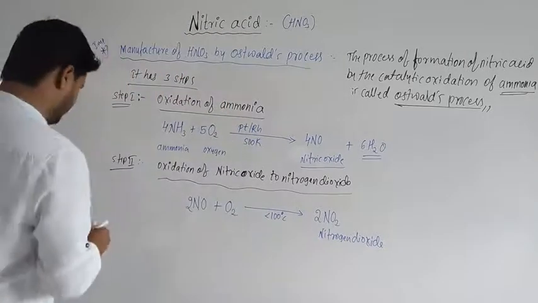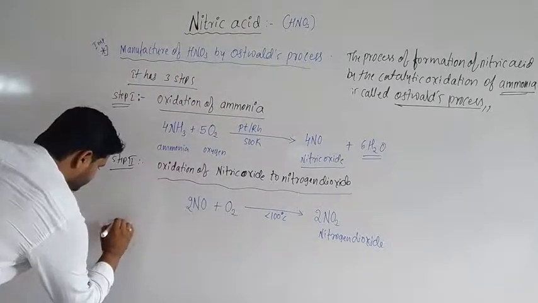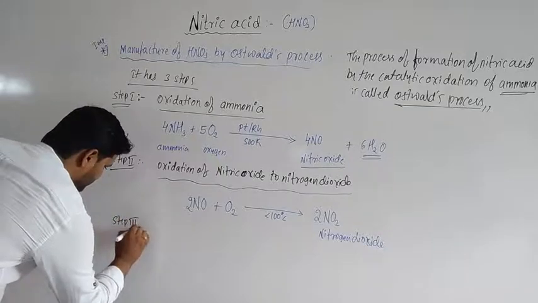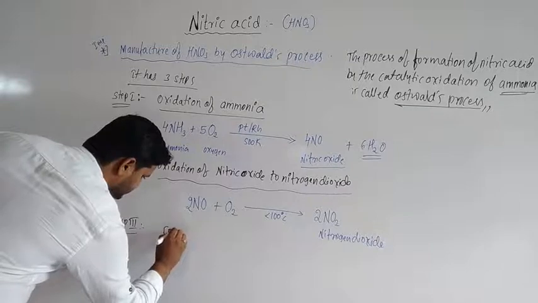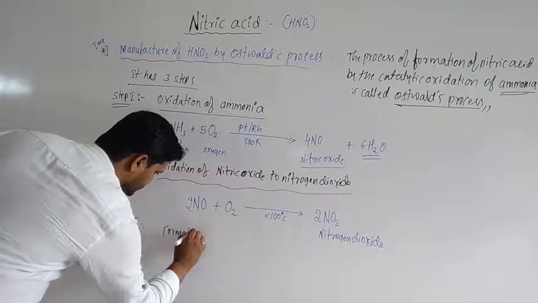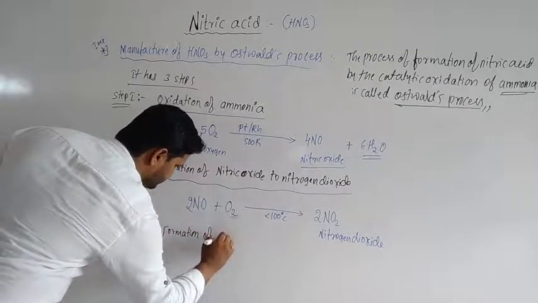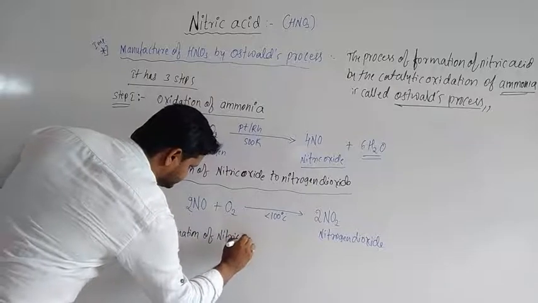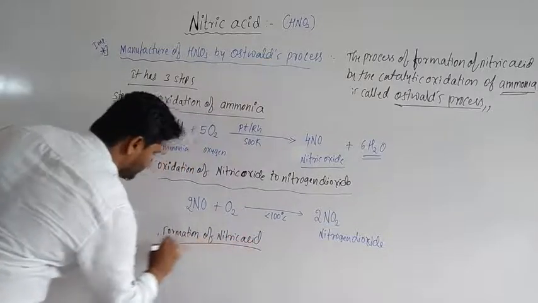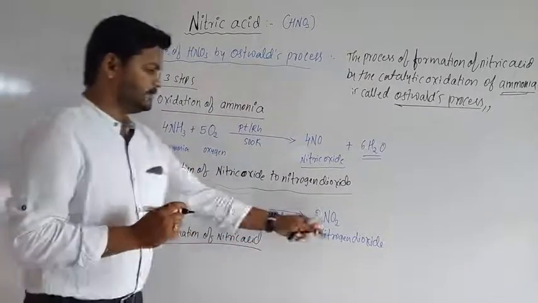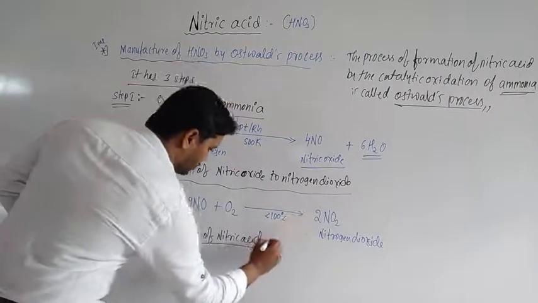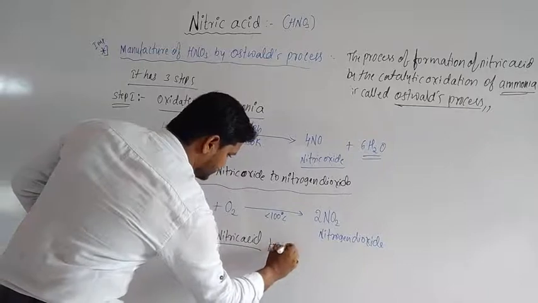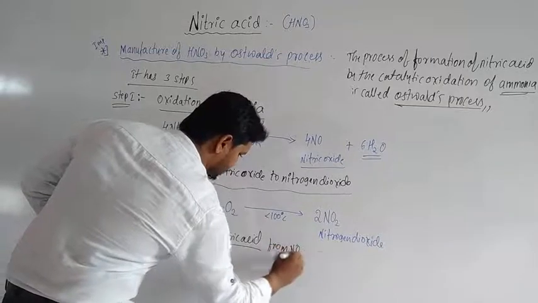And the third step in the Ostwald process, that is formation of nitric acid from NO2, from nitrogen dioxide.